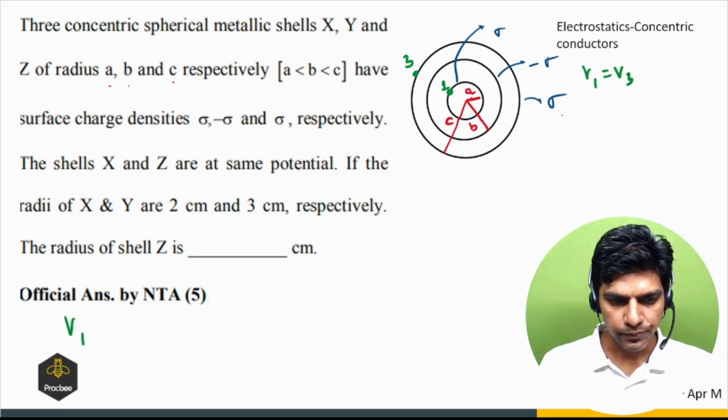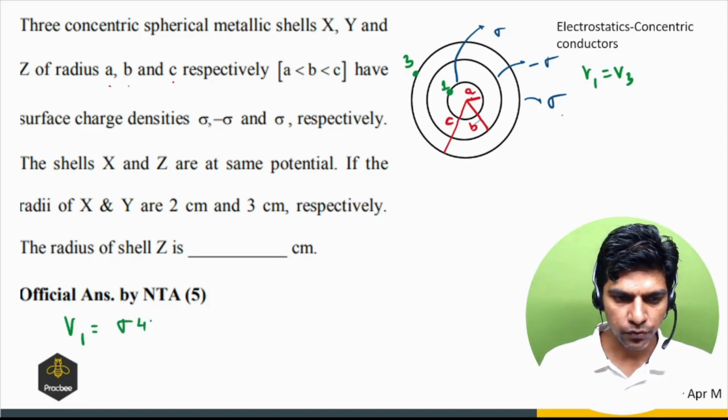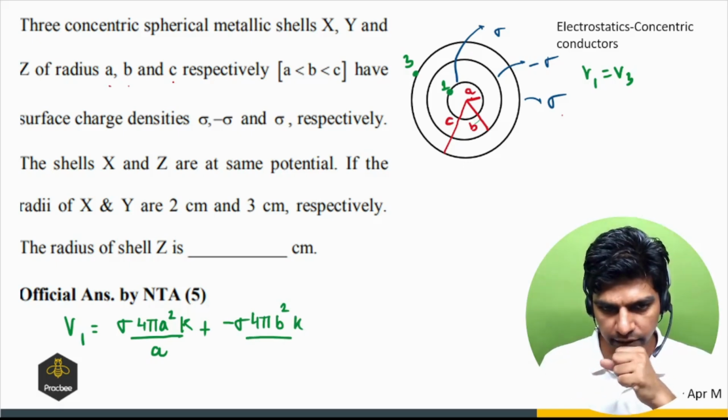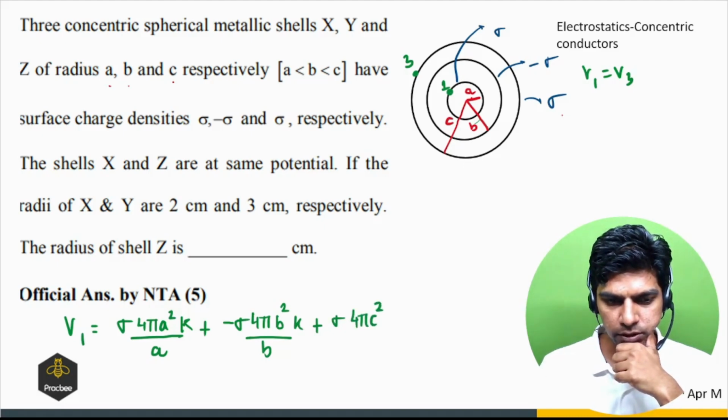So we can say V1 will be, charge on the inner shell is sigma times 4 pi a square, times k divided by a, and the contribution by the middle shell will be minus sigma 4 pi b square k divided by the radius of the middle shell, that will be b, plus the contribution due to the charge on the outermost shell, that will be sigma times 4 pi c square times k divided by c.